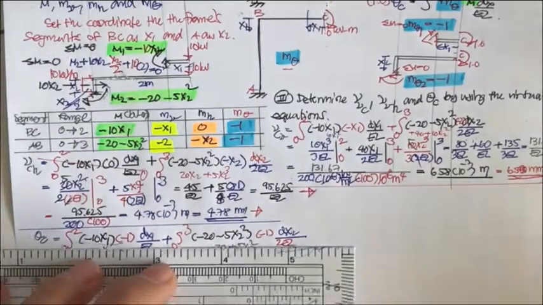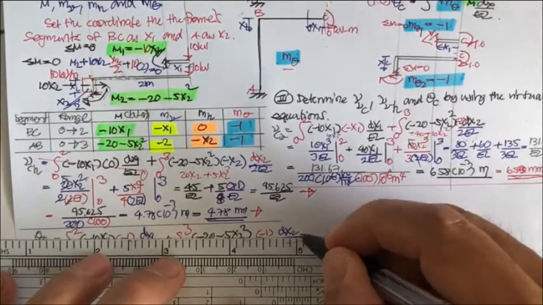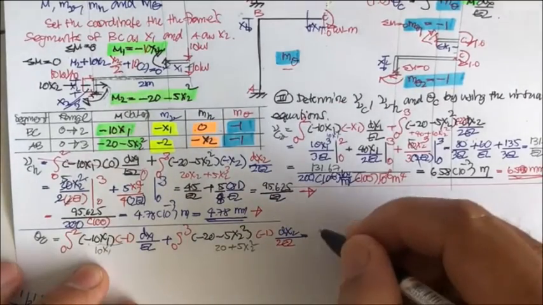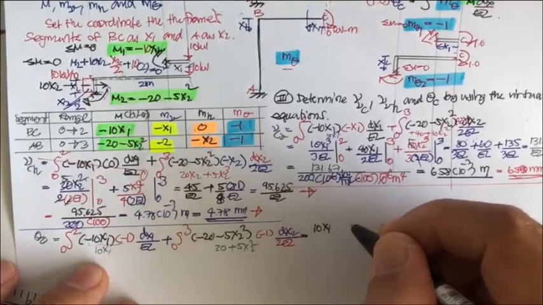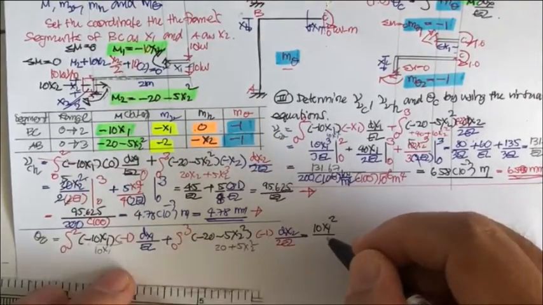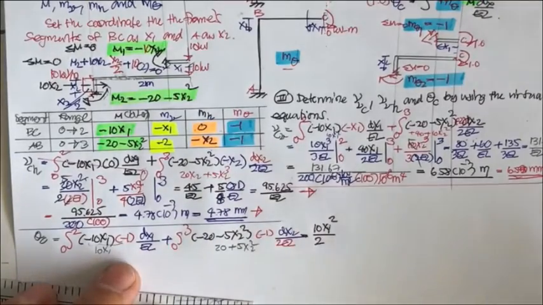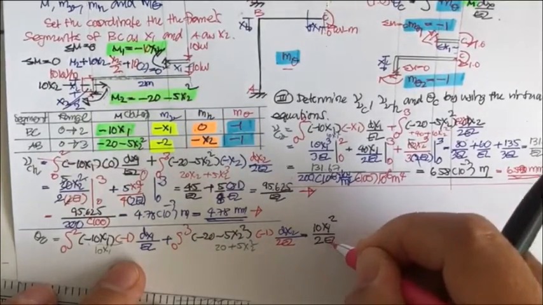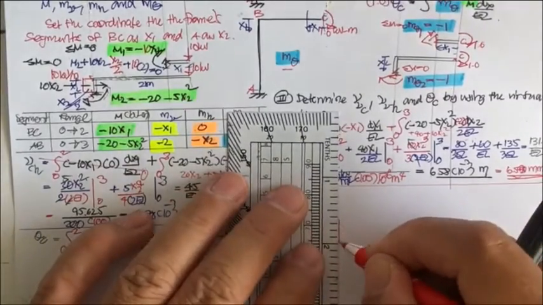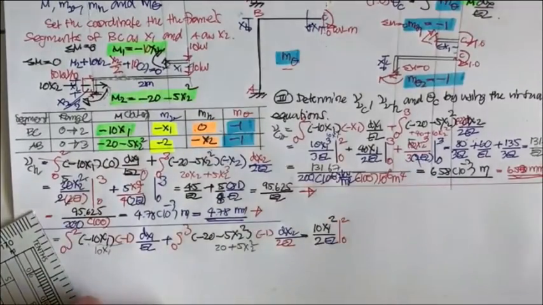By following that, you will get the first term of 10x1 square divided by 2, and then EI. You do the integration from 0 to 2.